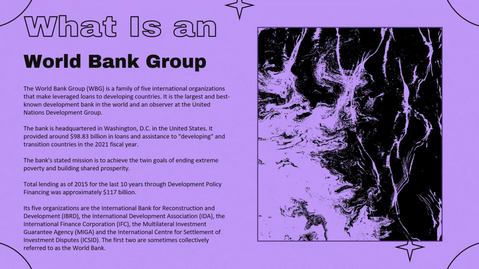So ano yung 5 organizations within the World Bank Group? So number 1, we have the International Bank for Reconstruction and Development, International Development Association, International Finance Corporation, Multilateral Investment Guarantee Agency, and the International Center for Settlement of Investment Disputes. The first two are sometimes collectively referred to as the World Bank.